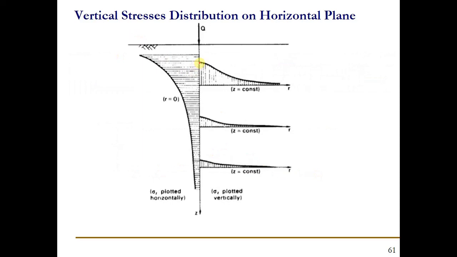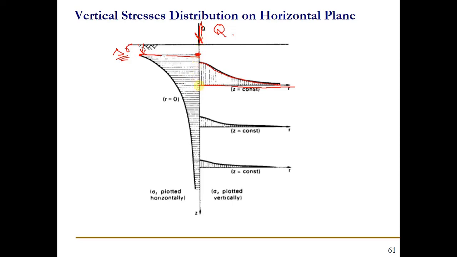This is delta sigma in the horizontal direction when Z is constant, and when the depth is varying beneath the point load Q. You can see that delta sigma will be greater when it is closer to this point load.